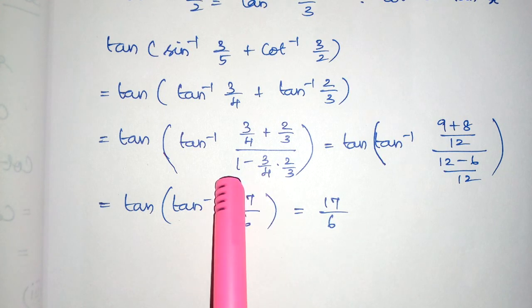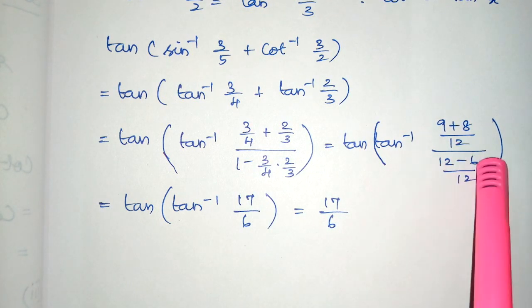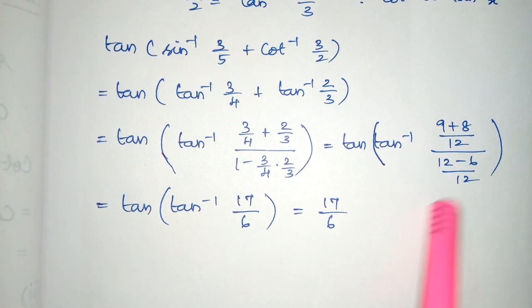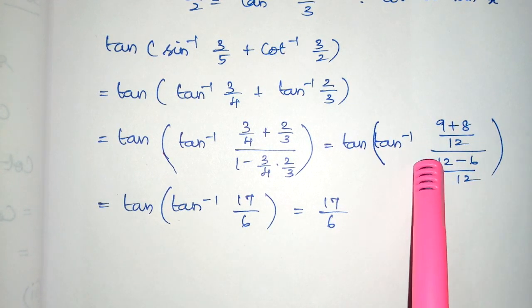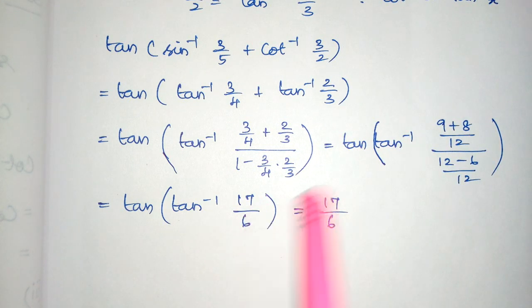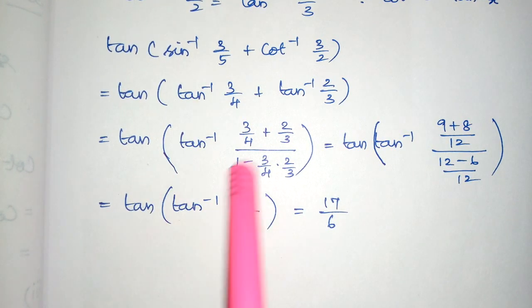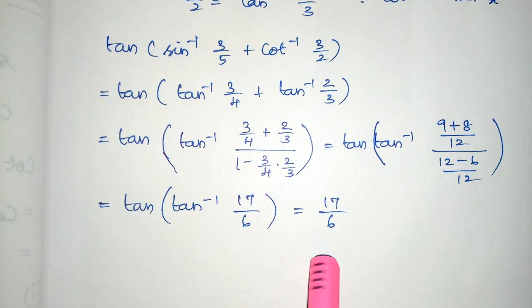That has to be multiplied by 1, isn't it? So 12 minus 3 into 2 is 6. So 12 minus 6, divided by 12. So cancelling the denominator 12 and 12, adding the numerator values, 9 plus 8 is 17 and denominator 12 minus 6 is 6. So cancelling tan and tan inverse, I have got the value 17 by 6. So that's all. Thank you.